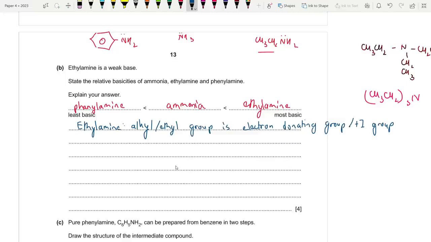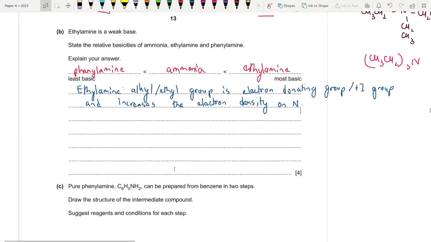That's literally what they wrote in the mark scheme, and this increases the electron density on nitrogen. So as a result, it is a stronger alkali. We need to mention that mainly because you need to link it with the points.